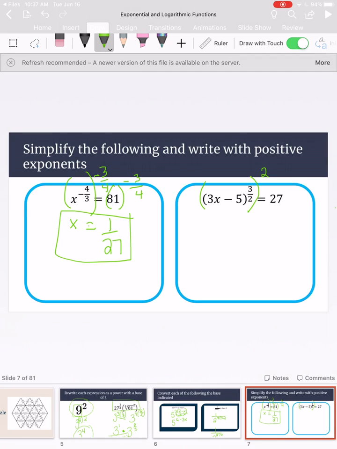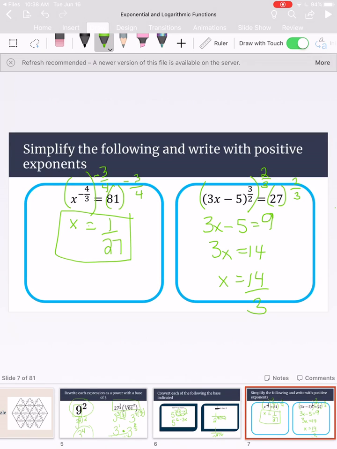So the reciprocal of 3 over 2 is 2 over 3. If I do that to the left side, I need to do it to the right. So now I end up with 27 to the power of 2 over 3 gives me 9. And from here I can solve for x. So I'm going to go ahead and add that 5 over and I get 14, and then I'll divide by 3 and I end up with 14 over 3.